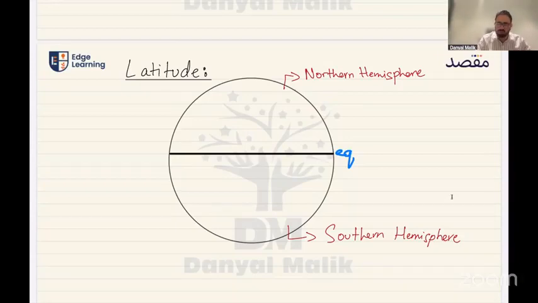That's the first thing. Okay? So for latitude, you may write this down.